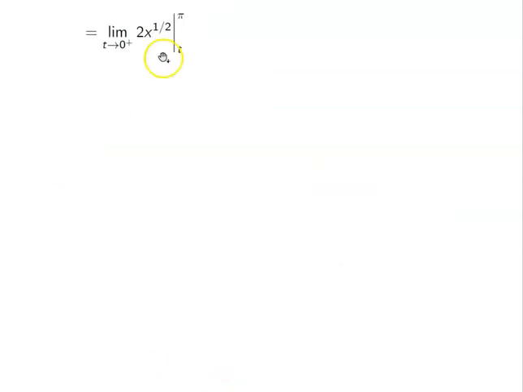I take my integral, evaluating from t to pi, which gives 2 root pi minus 2 root t. And the root t part, I have to look at what value it approaches as t approaches 0. As I approach 0, this just goes to 0, right? So then my limit exists and it converges to 2 root pi.